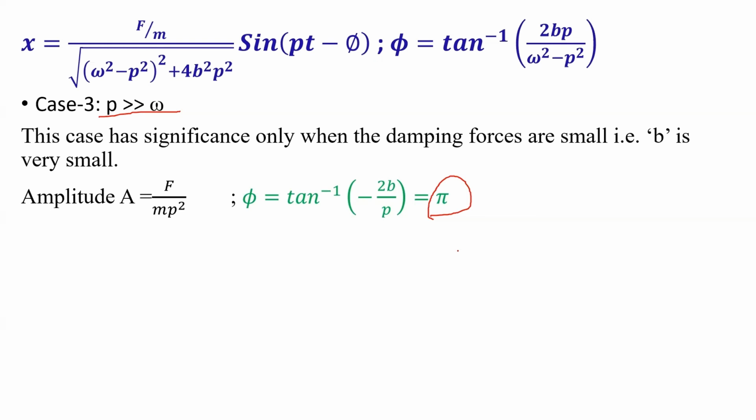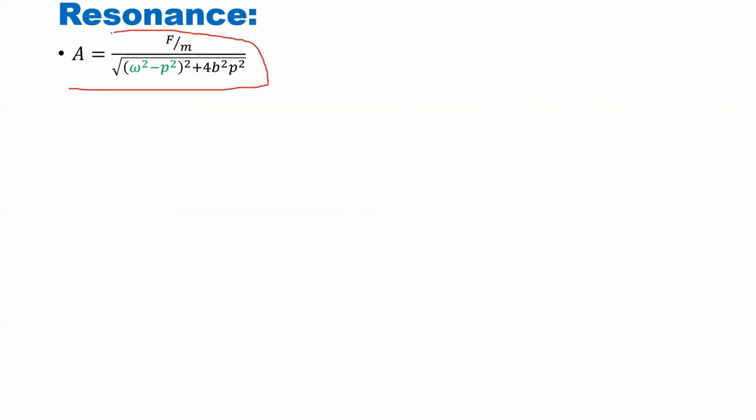That's why I will show these two conditions now for getting resonance. In resonance, the amplitude should be high. So take the system here, the resonance, and this is the amplitude we already discussed. In the resonance condition, the amplitude should be high, which happens if the denominator is low. If the denominator is low, A becomes high.